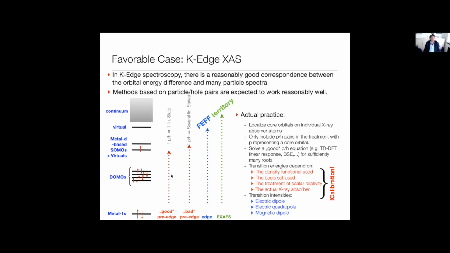Here, the number of many particle states that arise from that excitation is exactly the same as the number of particle hole pairs, and so that's why there is a good correspondence. However, when you start exciting an electron into an empty orbital, the unpaired electrons can spin couple in different ways, and there is a larger number of final states that you can reach than would be implied by the particle hole picture.